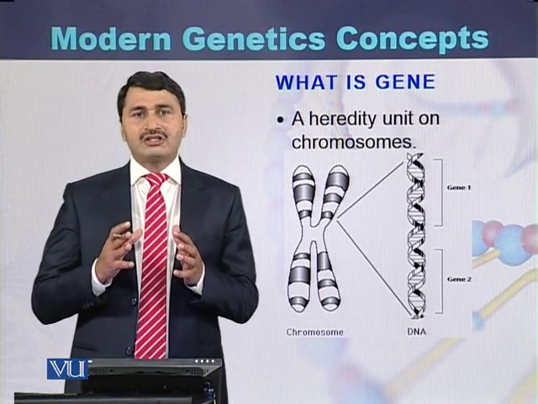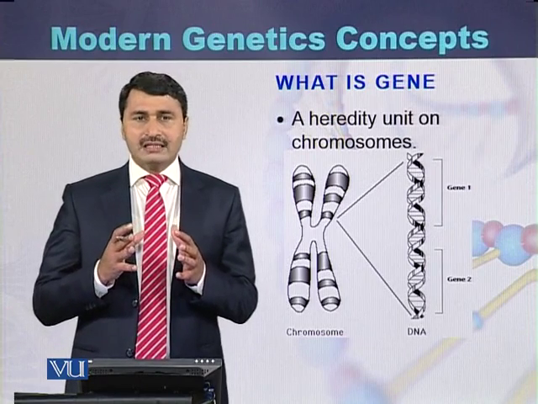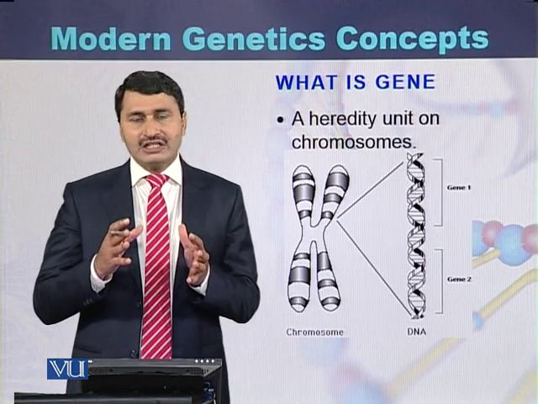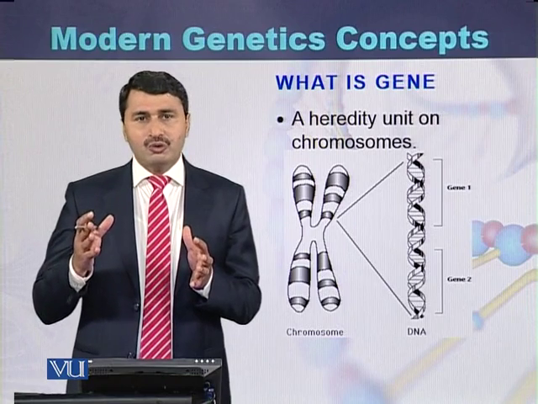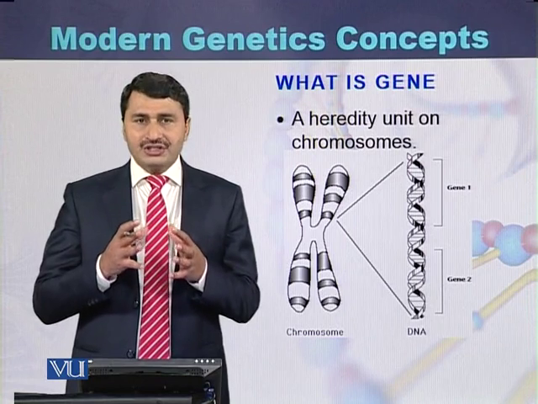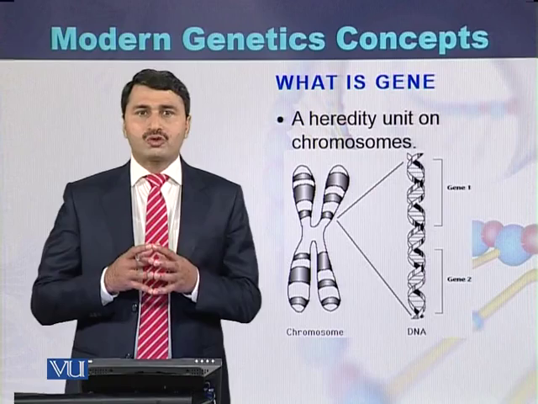There are some genes which overlap on the chromosomes, and in some cases there is gene 1, then an intergenic DNA, and after the intergenic DNA there is gene 2. So genes are the discrete or distinct heredity units which are present on the chromosomes.